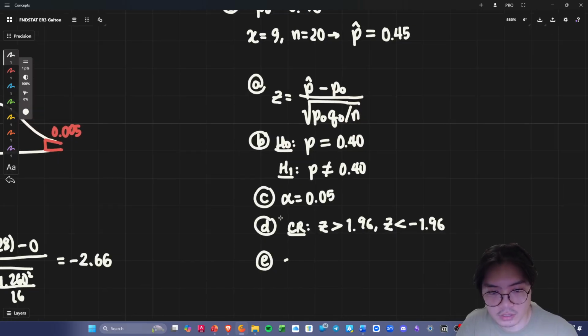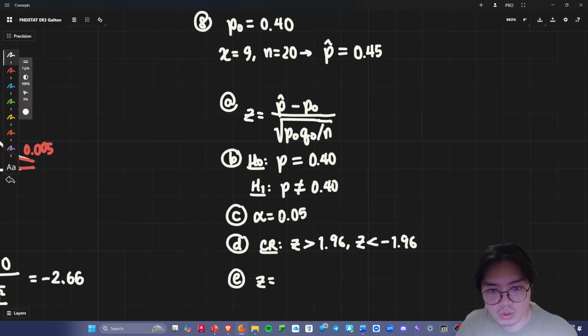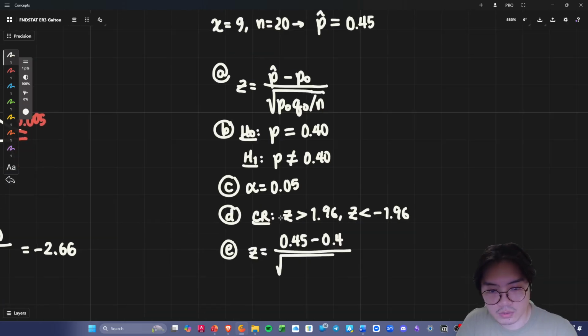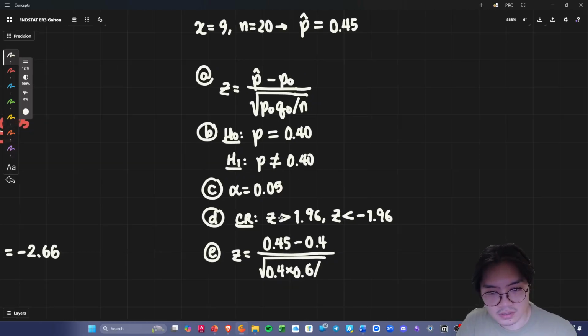Do our calculation. 0.45 minus 0.4 all over the square root of 0.4 times 0.6 divided by 20. You will get an answer of 0.45.